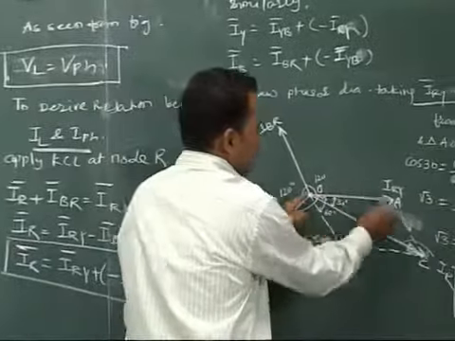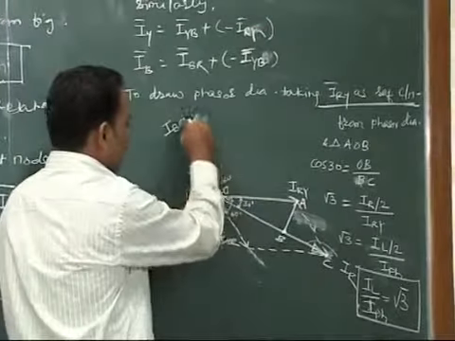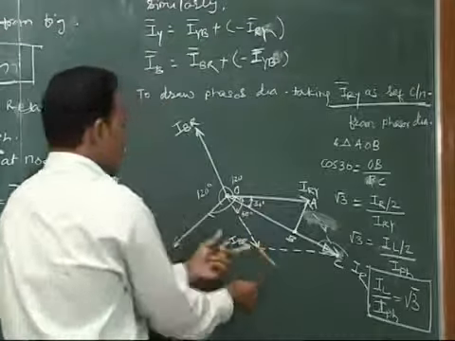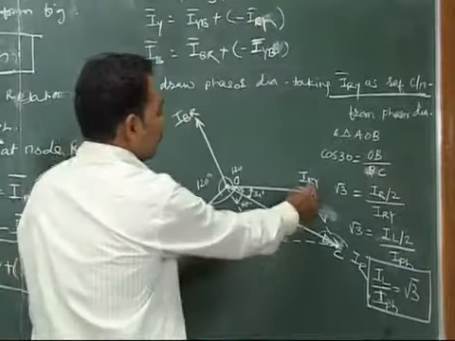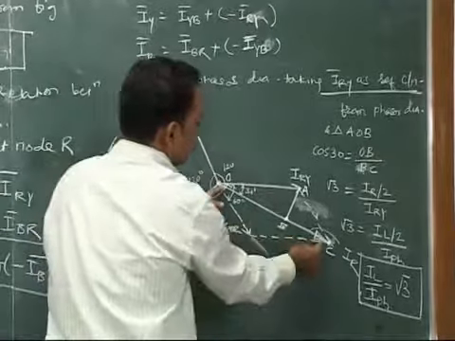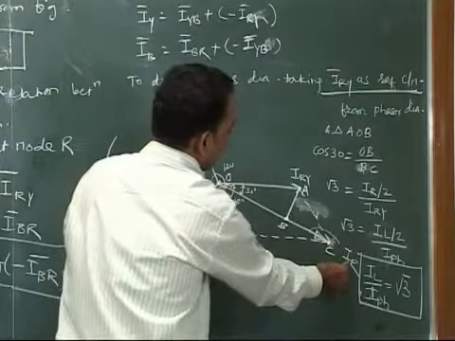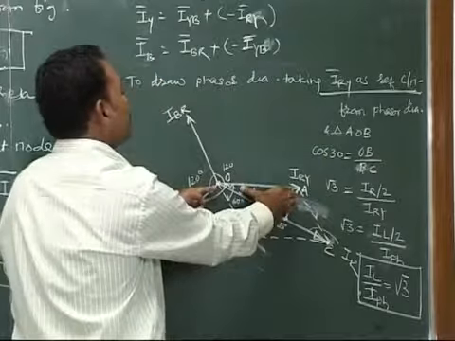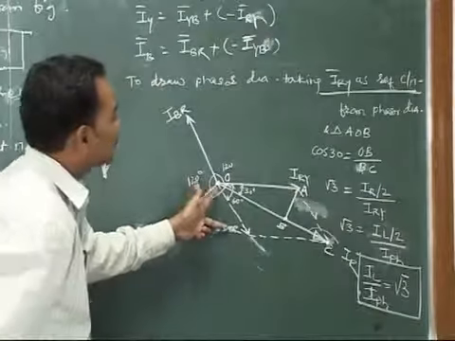This is IRY, and the reverse of IBR is nothing but minus IBR. So the vector sum of IRY and minus IBR is nothing but the line current IR.